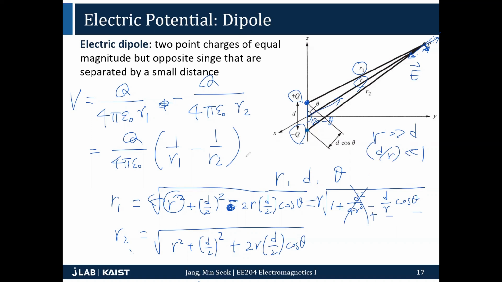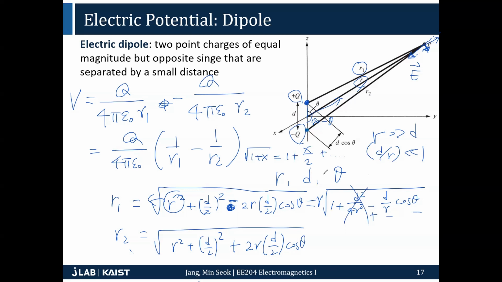You probably know that if you do the Taylor expansion, the square root of 1 plus X becomes 1 plus X divided by 2, right? Am I, are you guys following?